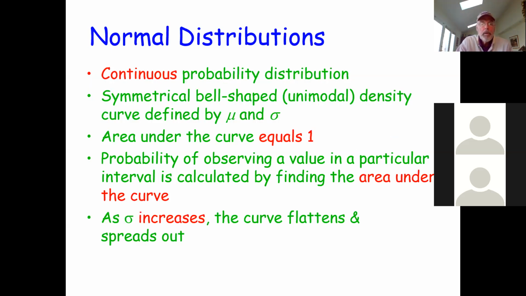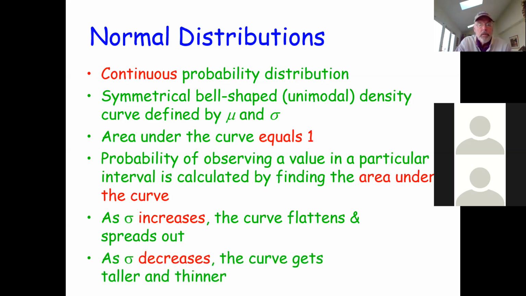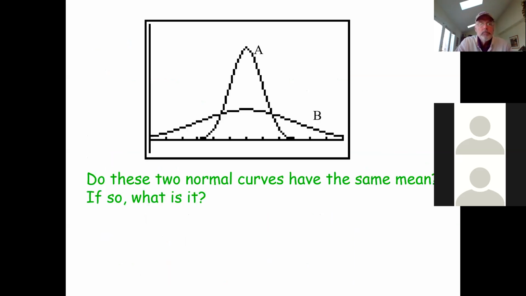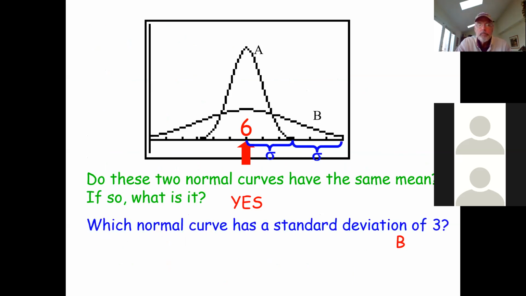So as sigma increases, the curve flattens. And as sigma decreases, the curve becomes much more narrow, with values that are very close to the center. And we've got this under our belts too.